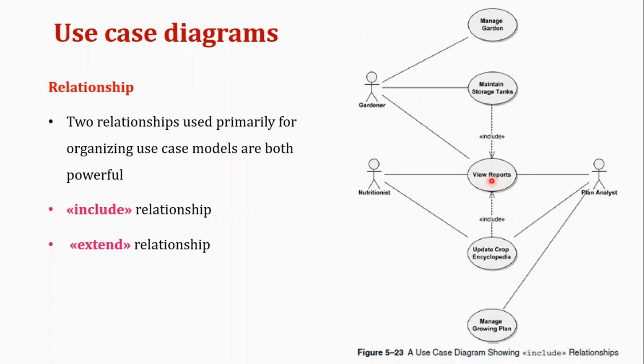Similarly, the gardener can also invoke the view reports, and the gardener also invokes the maintain storage tank use case as well as manage the garden. These are all the tasks performed by the gardener. Coming to the include relationship, here the update crop encyclopedia use case includes the view reports use case.